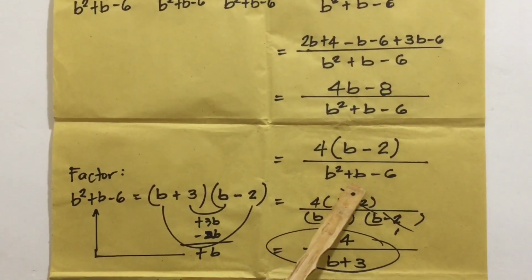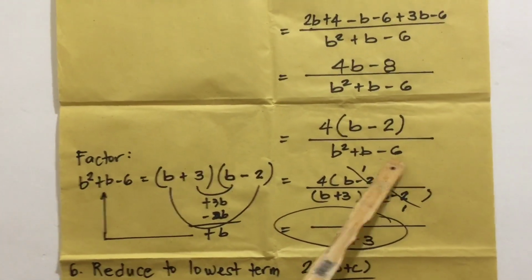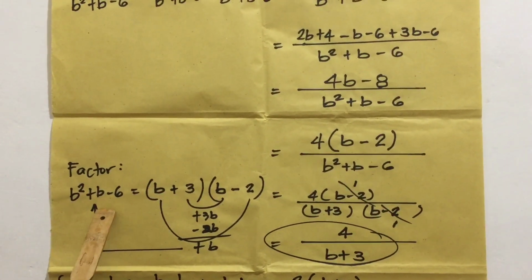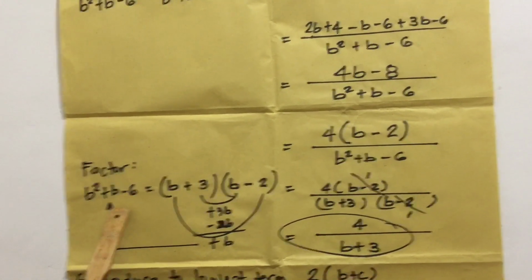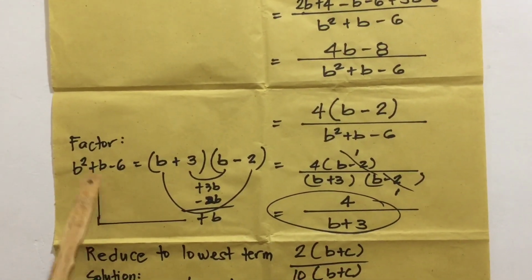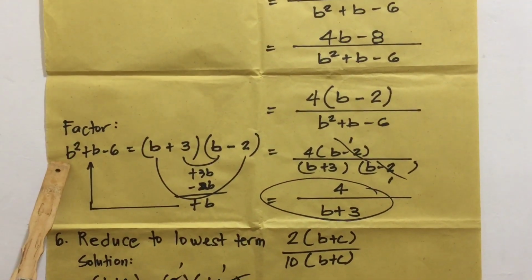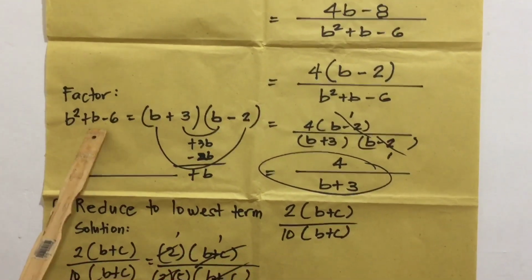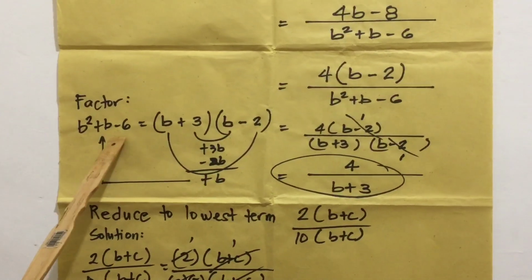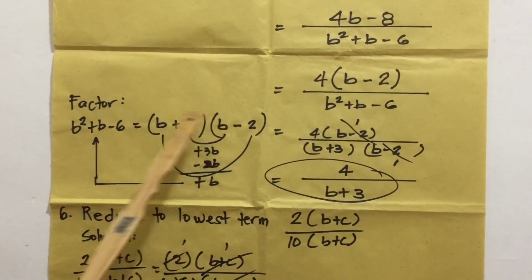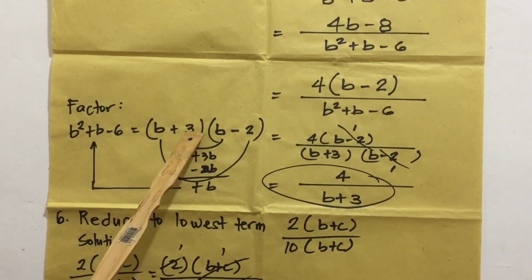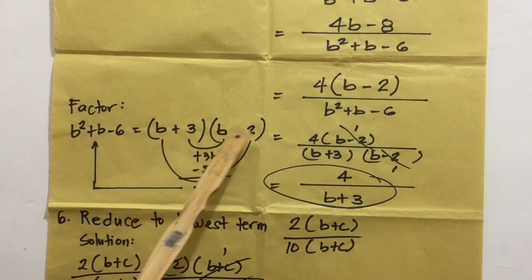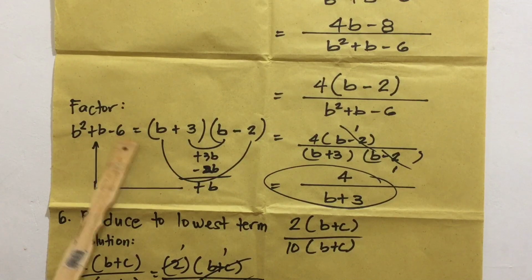The factor of this b squared plus b minus 6, the given denominator: we factor b squared as b times b. And for the factors of negative 6, we use positive 3 and negative 2, because positive 3 times negative 2 equals negative 6.